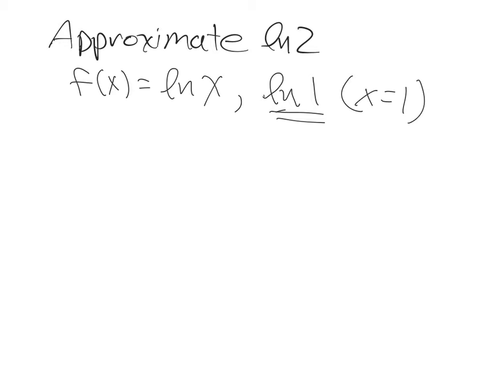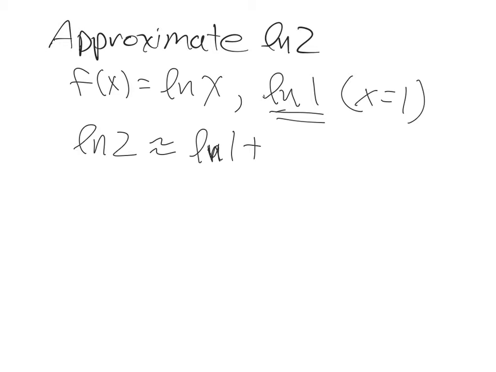So the natural log of 2 will be approximately, that squiggly equals is approximate, the natural log of 1 plus, man, my writing is bad today. It's not LU1, but LN1.